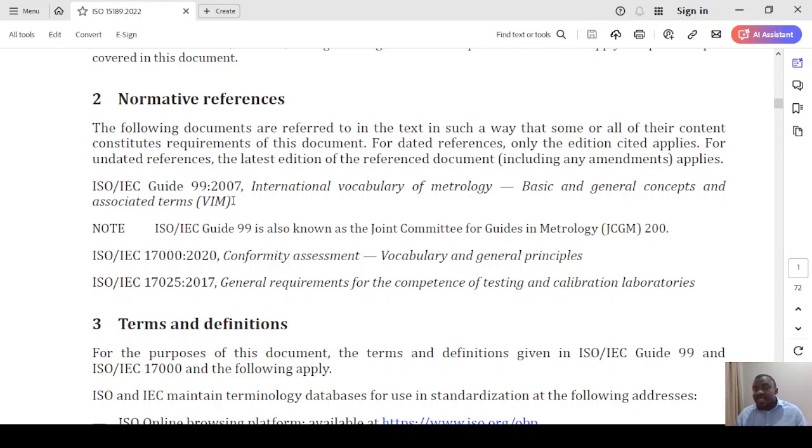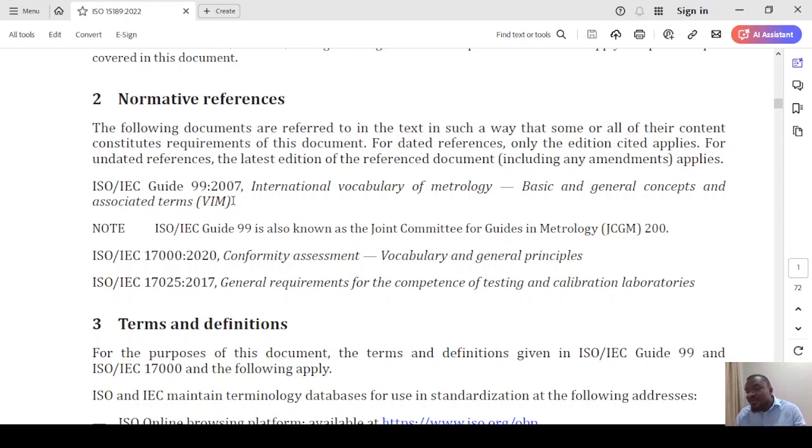Okay. So for those who know the GUM, which is ISO Guide 99, it is the guide to uncertainty of measurement. It tells you how to keep a track record of your uncertainties in your lab. And like I said, the standard is risk-based.